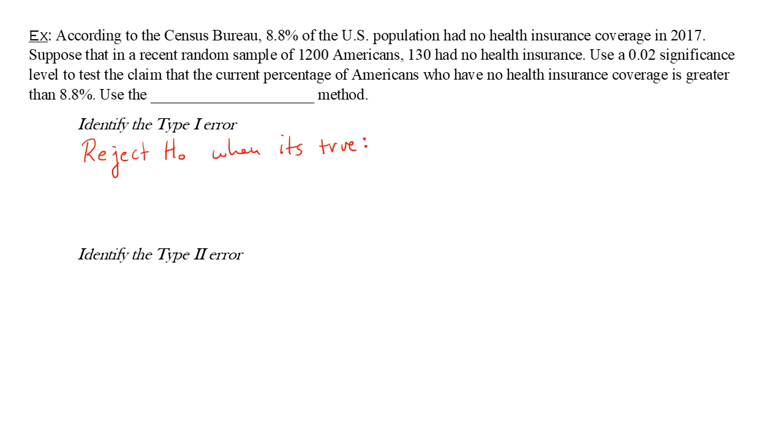So in this case, that would mean that we reject the claim that 8.8% of the population has no health insurance. So in other words, we support the alternative that p is greater than 0.088, when in fact that's false.